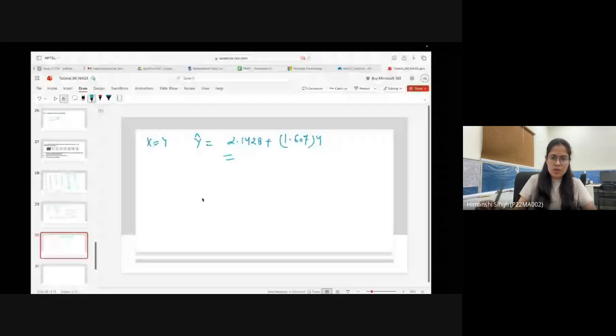And further, what we want is the fitted value of y for x equals 4 and x equals 12. So for x equals 4, what will the fitted value y hat be?